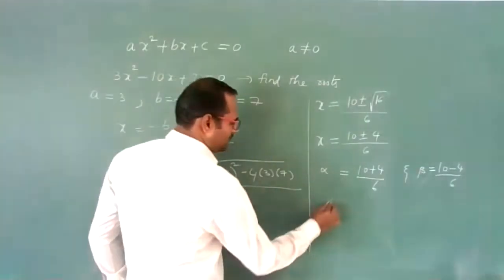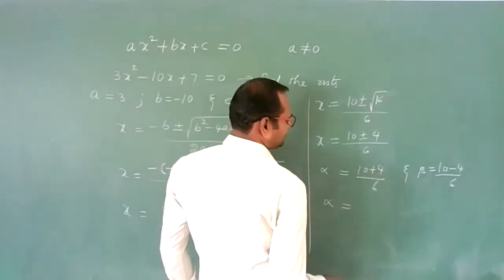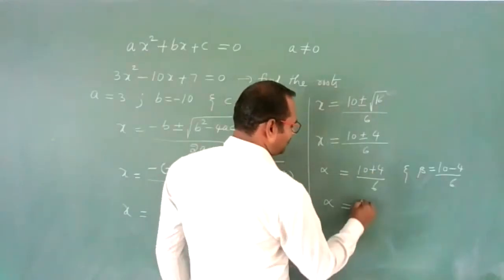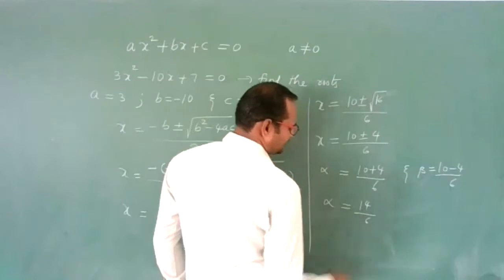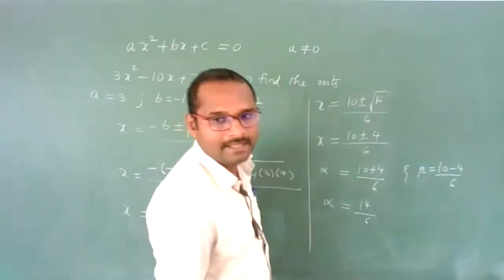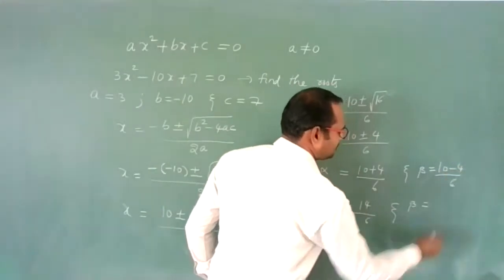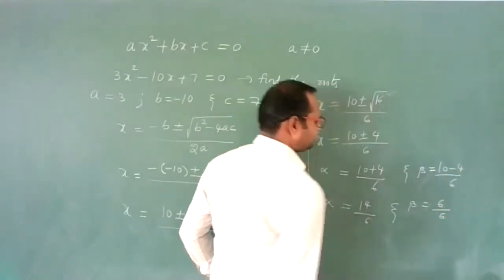So alpha can be written as 10 plus 4, how much? 14 divided by 6. And beta value, 10 minus 4 is 6, divided by 6.